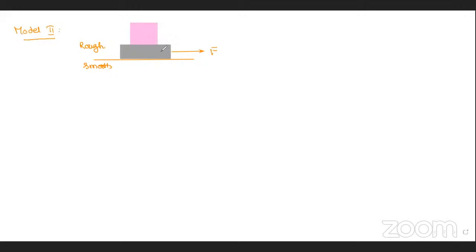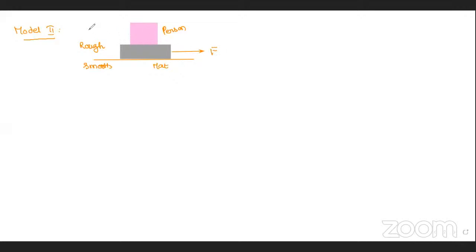This is like what you observe here. Suppose this pink color is a person and this black color is a mat. Not yesterday, I think I explained long back. And if I pull the mat, what happens to the person? He will try to fall back when I pull the mat forward.